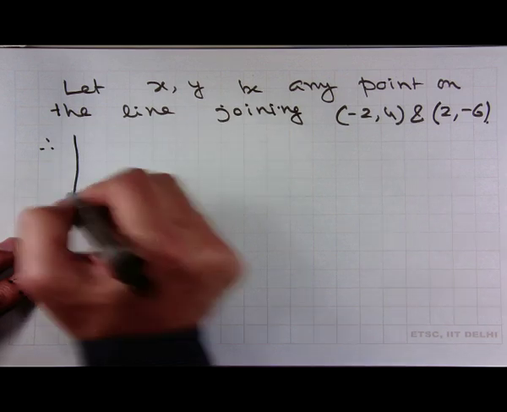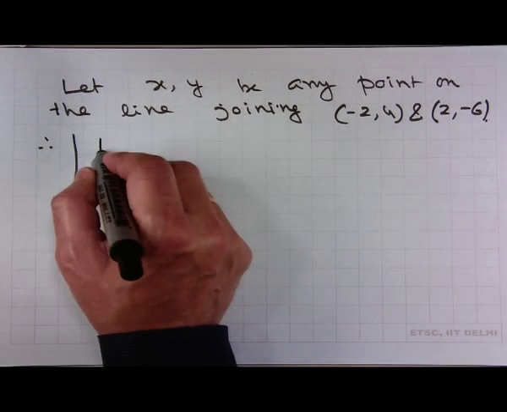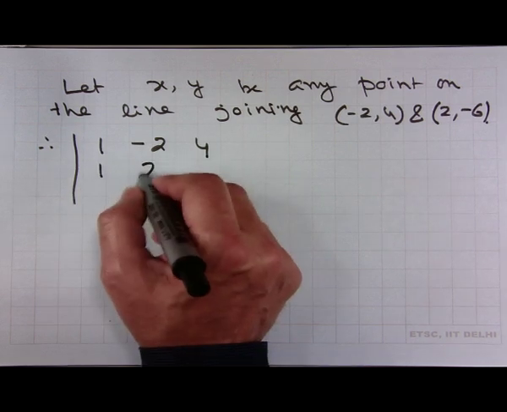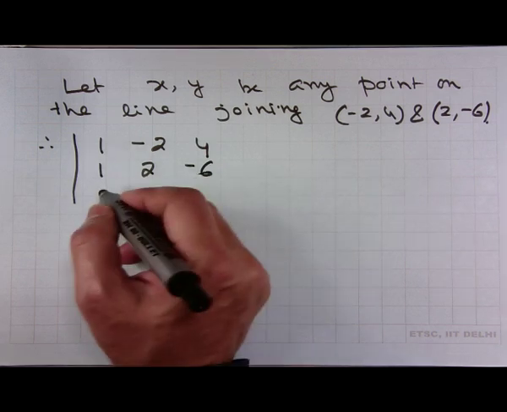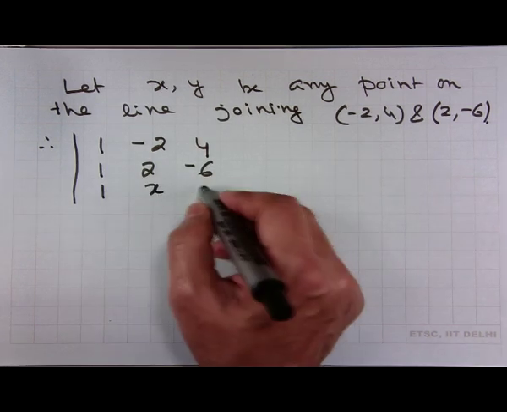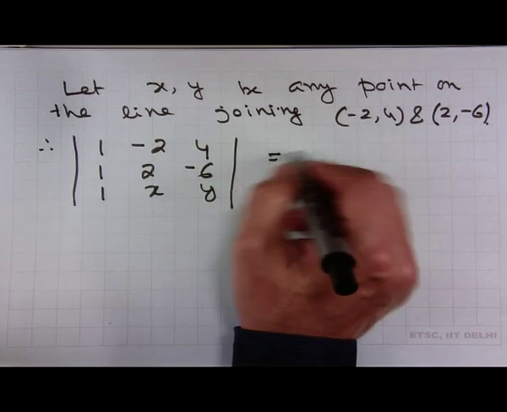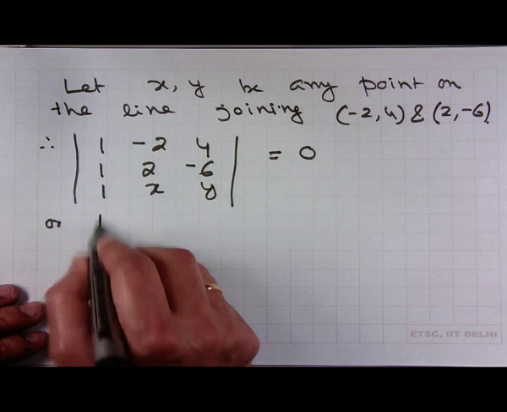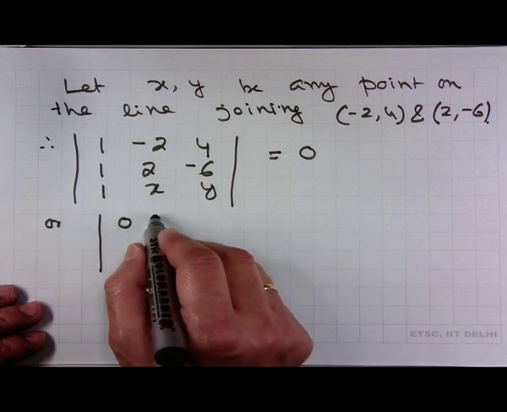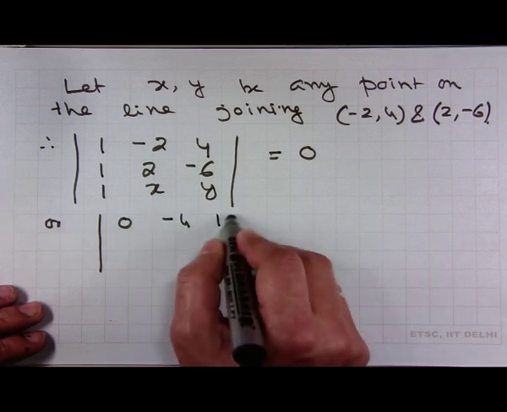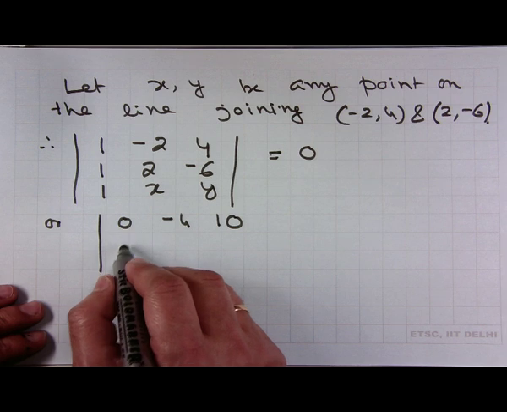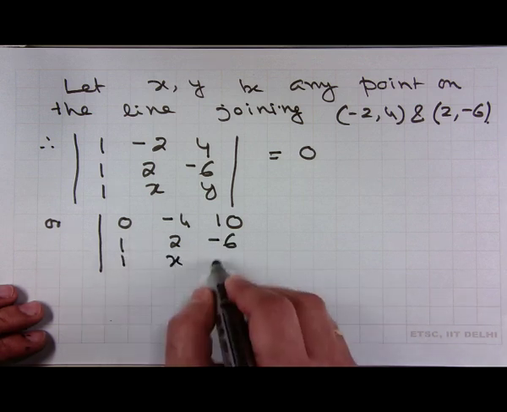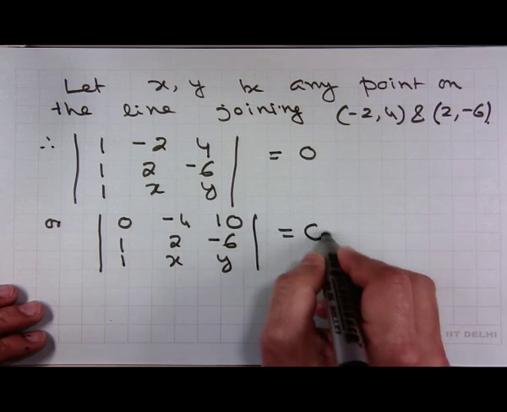Therefore, the determinant of [1 -2 4; 1 2 -6; 1 x y] is equal to 0.